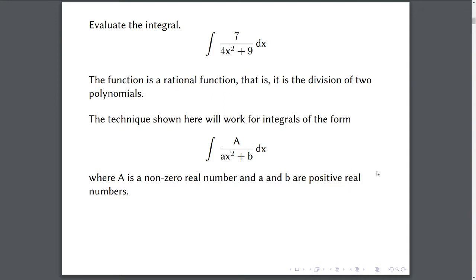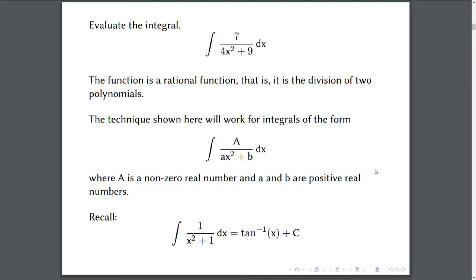You don't want to apply these techniques to functions that are different from that. In particular, if b were a negative number, you wouldn't want to apply these techniques. So make sure you understand that what I'm going to show you is just for this type of integral, where I have a number over ax squared plus b, where a and b are positive real numbers.